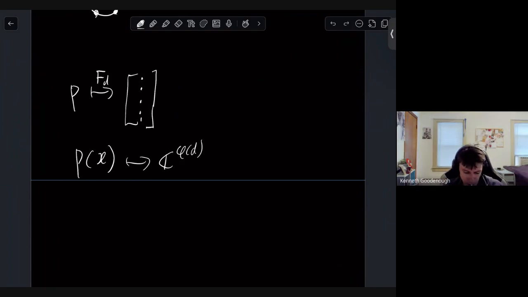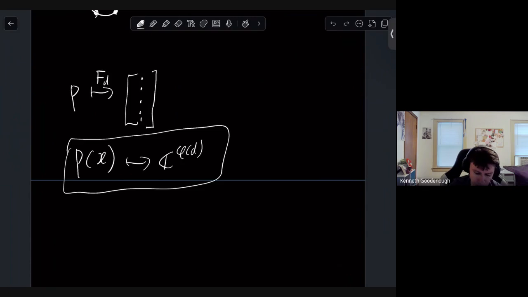Okay, so we want to understand, is there a nice way to think about this? As before, this is still a ring homomorphism. And we should now try to answer what kind of structure this carries.